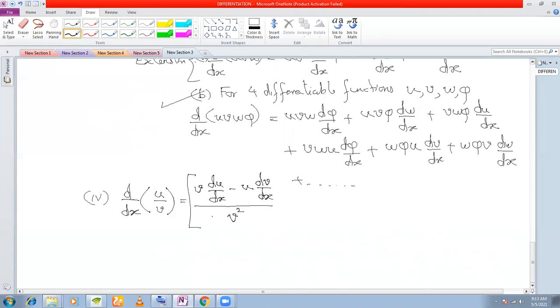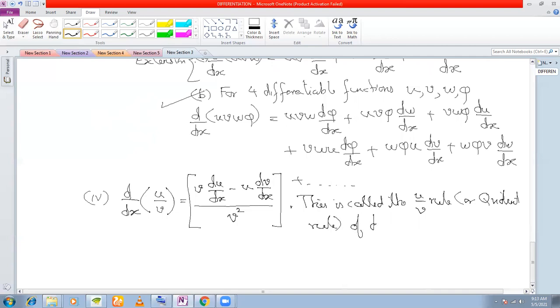This is called the U by V rule of differentiation, or quotient rule of differentiation.